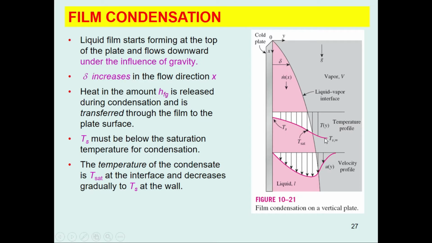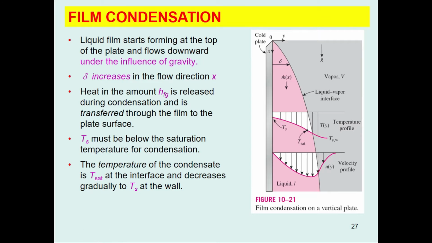If this is the reference line, from this reference line to this point the surface temperature is small, and this is the saturation temperature at which the condensation process occurs, and this is the vapor temperature. This is a very high temperature compared to both these temperatures.